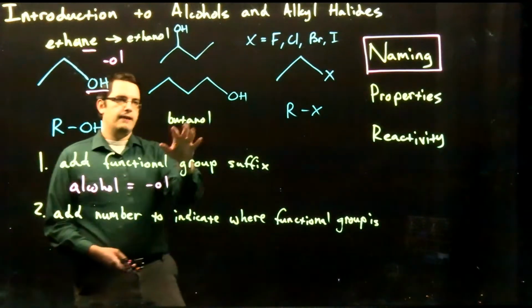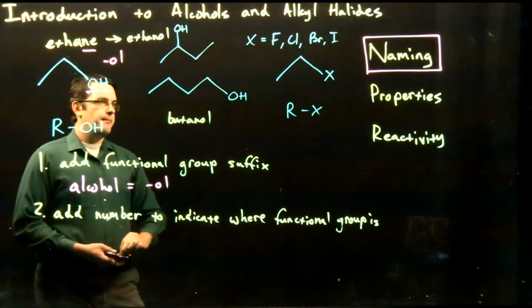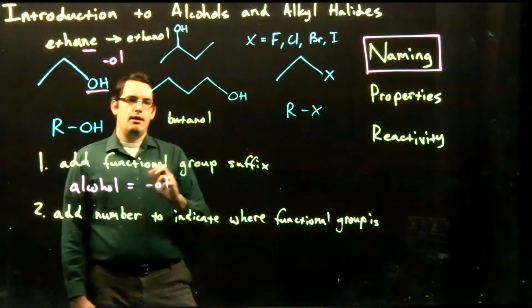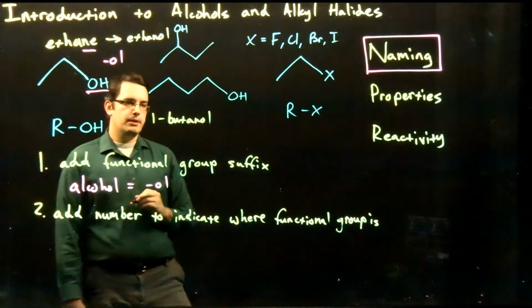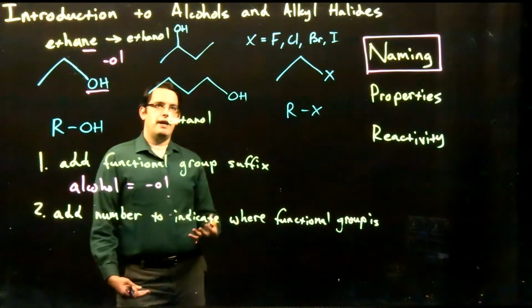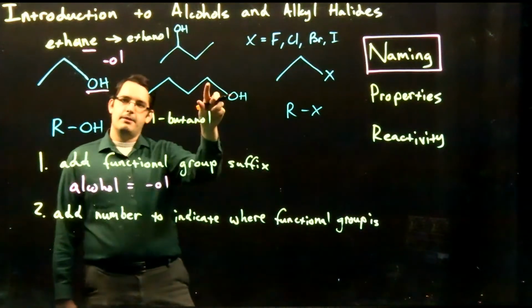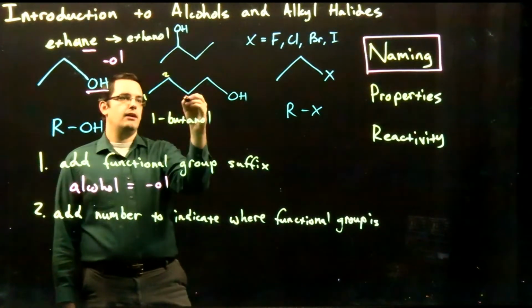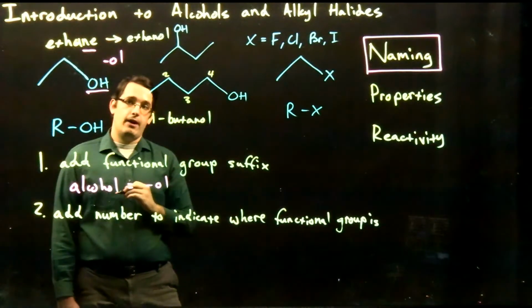In the case of my butanol here, my OH is attached to the first carbon, so I can put 1-butanol here. Now you might say, why did I determine this was the first carbon instead of the 4th carbon? If I count from the left, that looks like the 4th carbon.